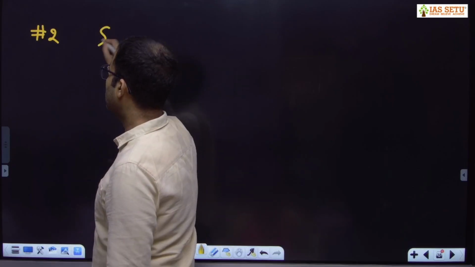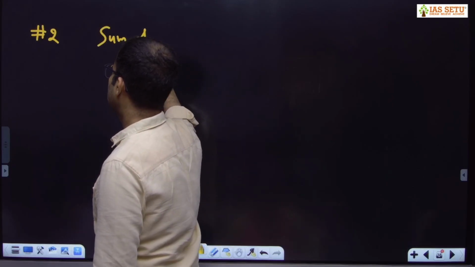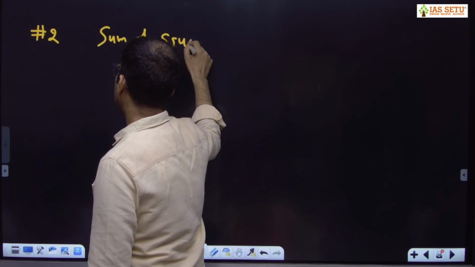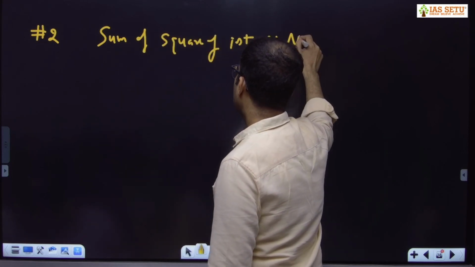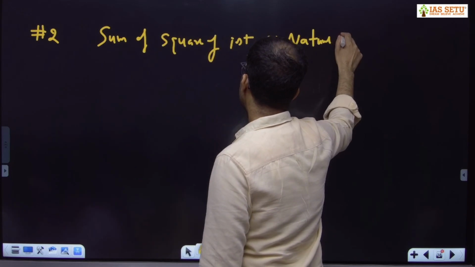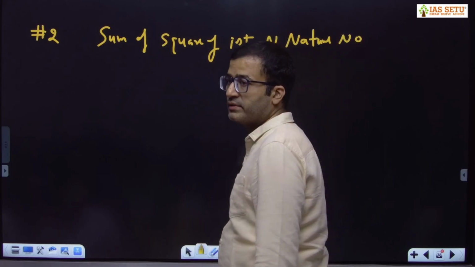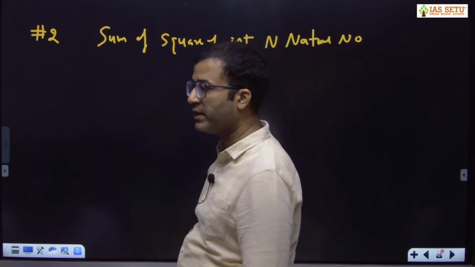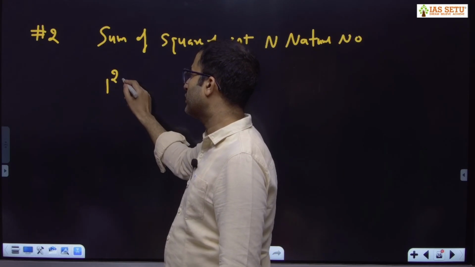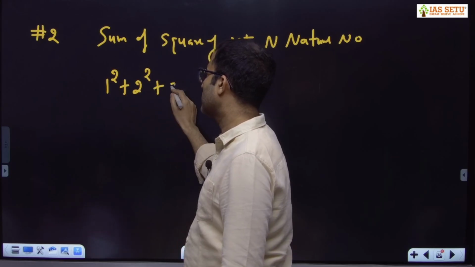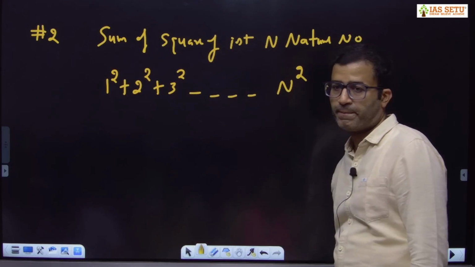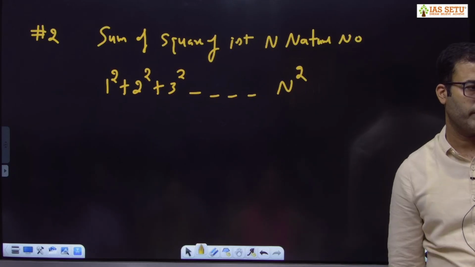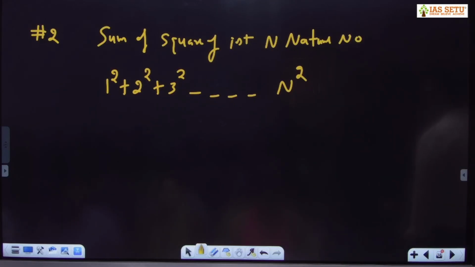Next, rule number 2. Now what is the sum of squares of first n natural numbers? By this I mean 1 square plus 2 square plus 3 square plus 4 square up to n square.